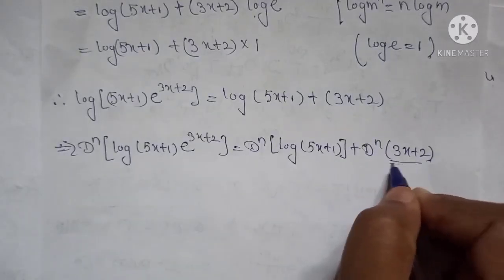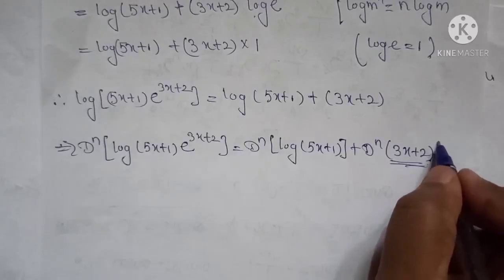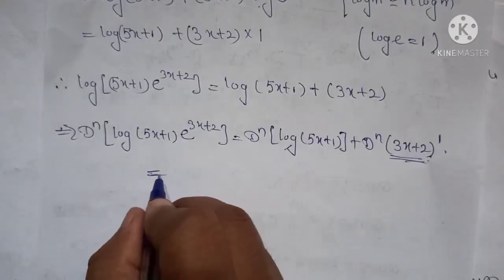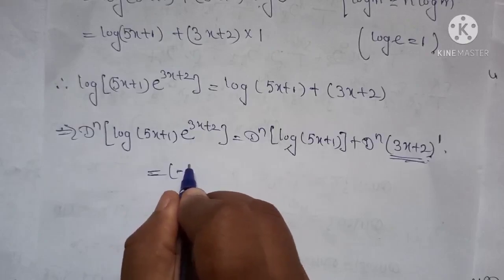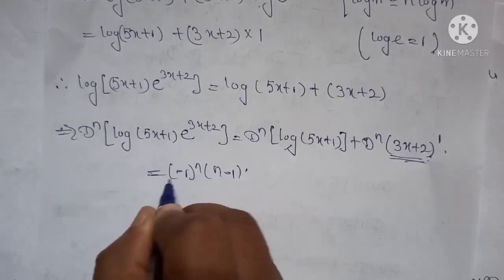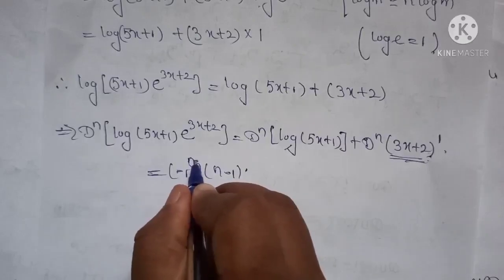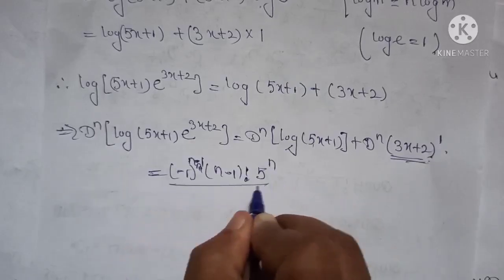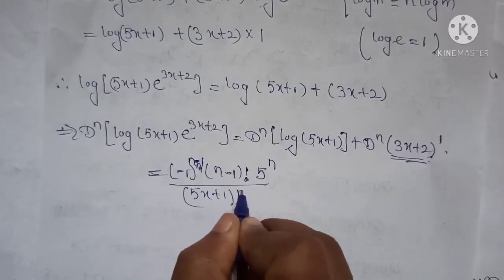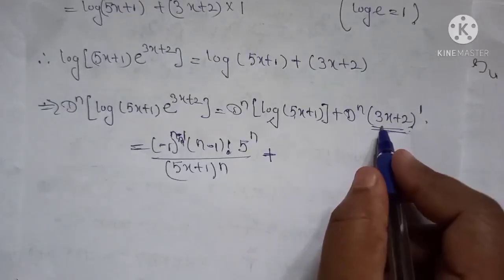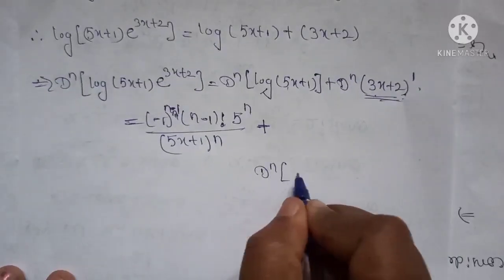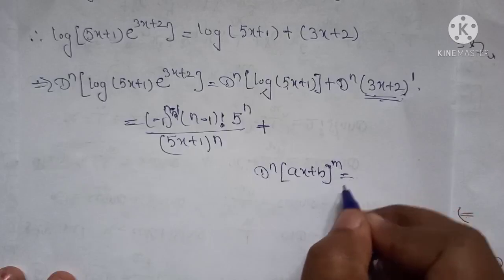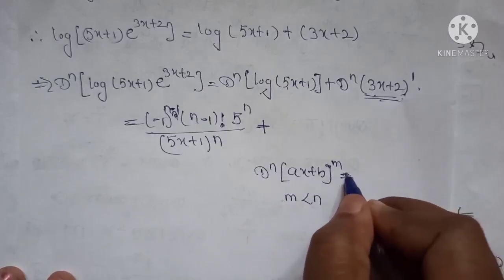So it is in the form of (ax + b) raised to m, but here the m value is equal to 1. So first we apply this formula: minus 1 raised to n minus 1, (n minus 1) factorial, a raised to n, here a value is 5, so 5 raised to n divided by (5x + 1) raised to n, plus here we know that the nth derivative of (ax + b) power m, if m is less than n, then we have 0.